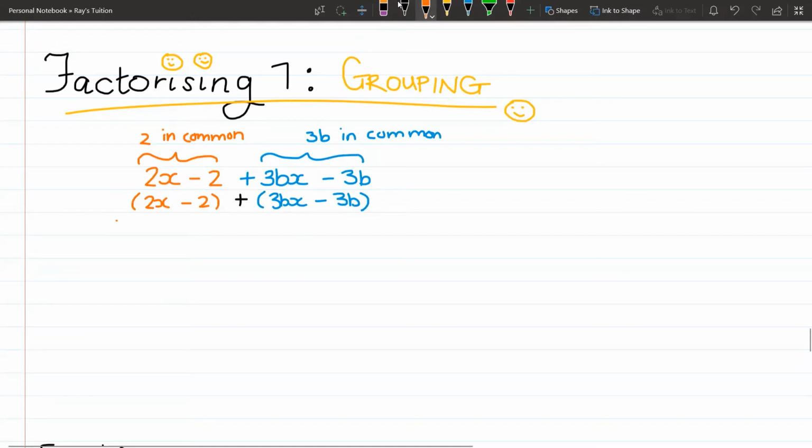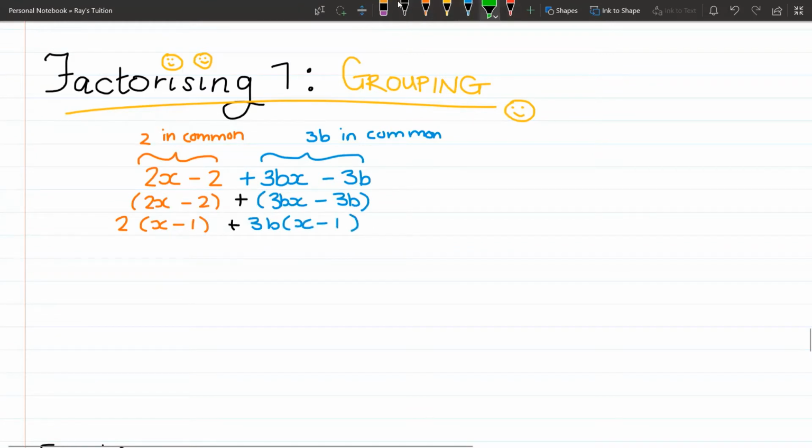What's common in the first bracket is a 2, so 2 and then what we're left with is x minus 1. And in the second bracket, what is common is that 3b. So we're going to take it out, so 3b, and we're going to have x minus 1.